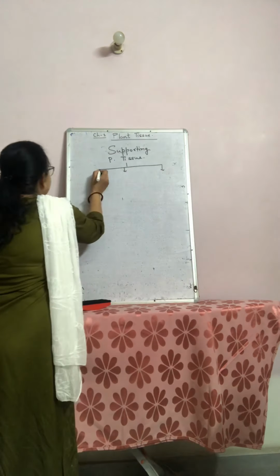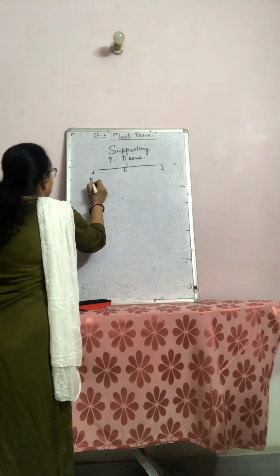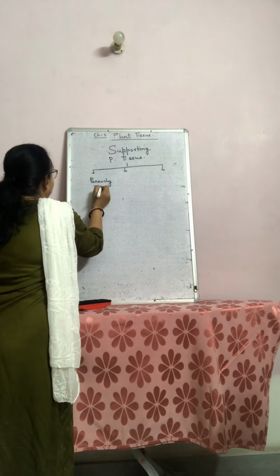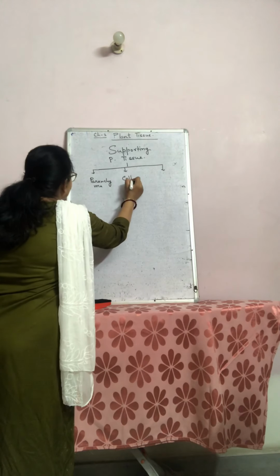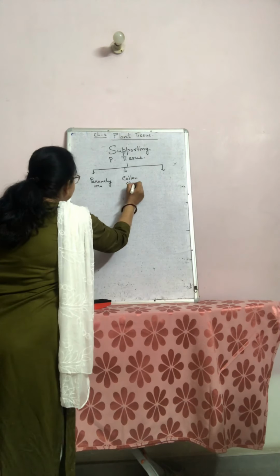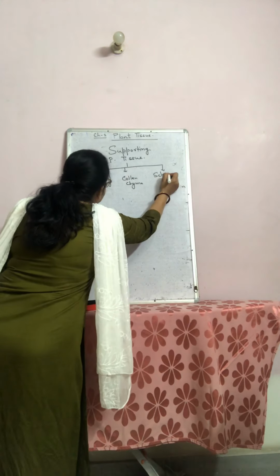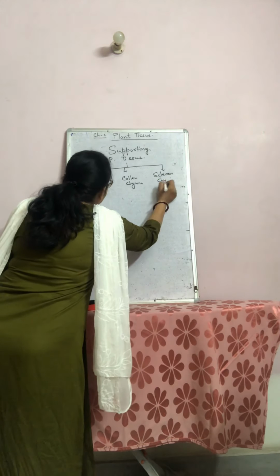First one is called parenchyma. Second one is called collenchyma. And third one is called sclerenchyma.